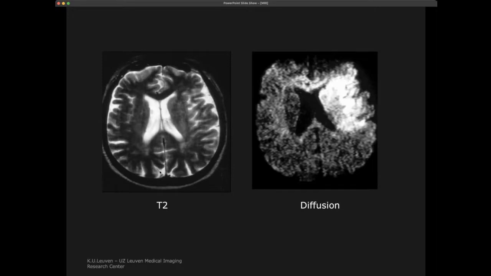What you very often see is that these types of images that look at diffusion or something specific are even worse in resolution, so you want to compare them with the other ones. Keep in mind, an MRI acquisition is always the whole combination of all these sequences.